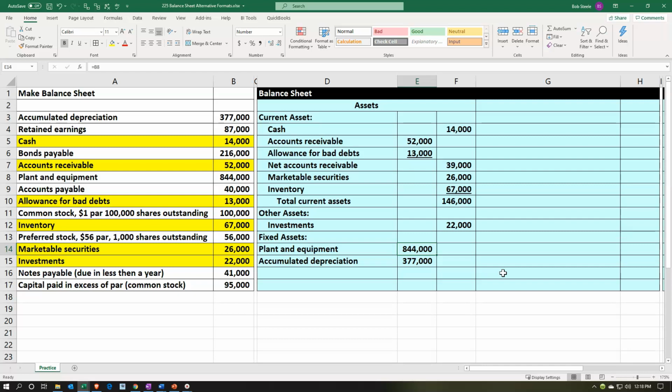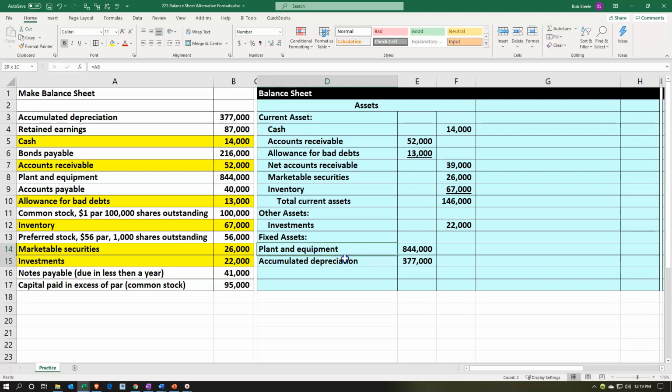Now, because it's an estimate, we don't write down the property, plants, and equipment as we consume and use it, but rather make another account called accumulated depreciation to estimate that decrease. And that tells our reader, hey, look, this is what we purchased it for. That's the cost of it. And this is what we believe that it went down by. And we have already recognized the expense related to that purchase of the $377,000. In other words, that $377,000 has hit the income statement at some time in the form of depreciation expense.